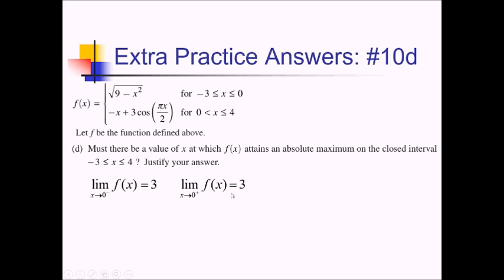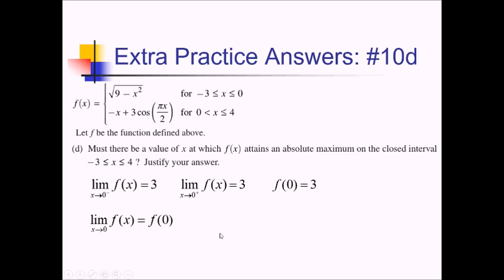And then we also have to note the function value, f of 0. That's going to piggyback on the value of this left side limit because this is the rule up here we use if x equals exactly 0. So that's also 3. So we see here that the limit exists, the function value exists, and the limit at 0 and the function value at 0 equal each other.